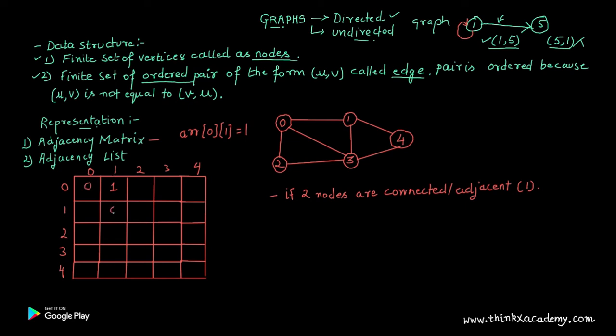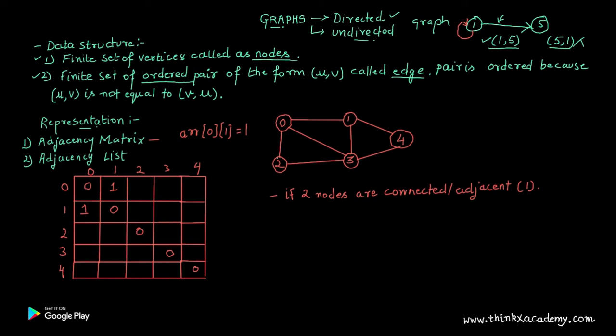Similarly 1, 1 is also 0, 2, 2 is also 0, 3, 3 is 0, and 4, 4 is also 0. So now we know that 0, 1 is 1, and since 1 is also connected to 0, we are going to mark the position 1, 0 as 1.